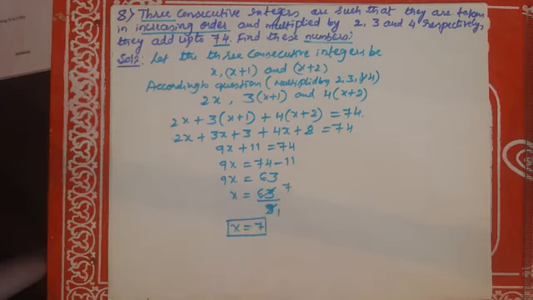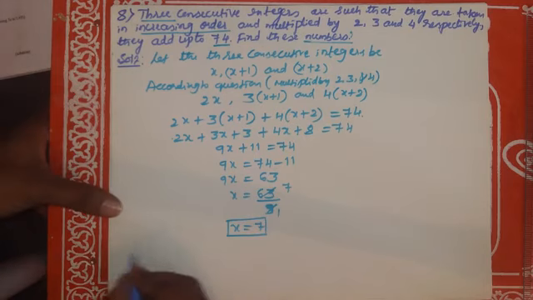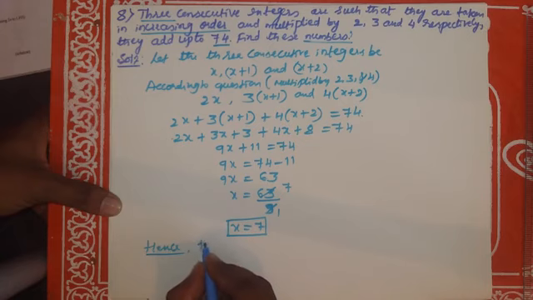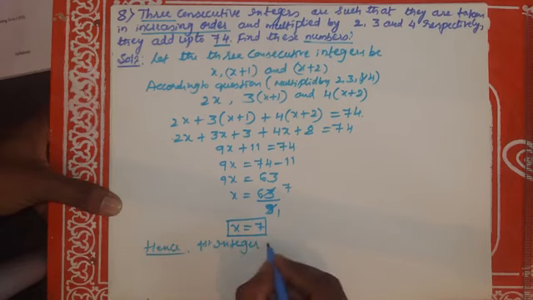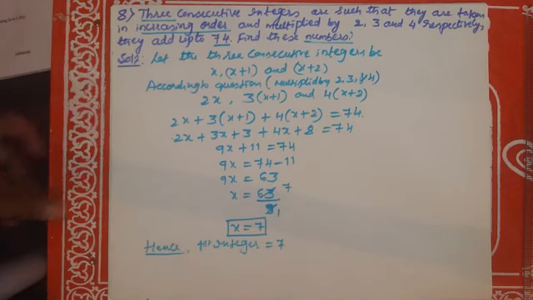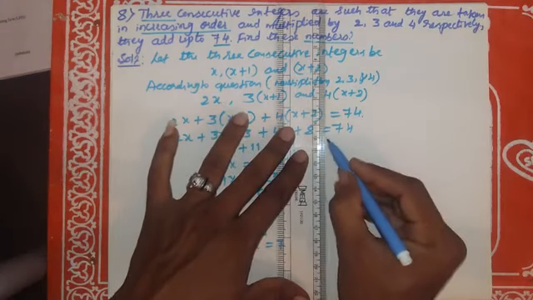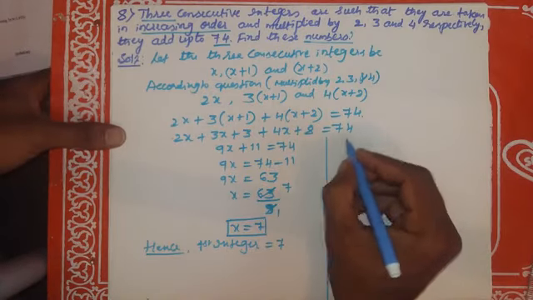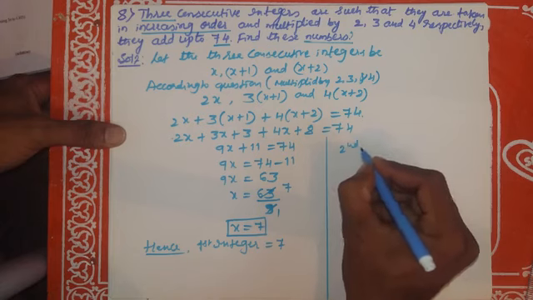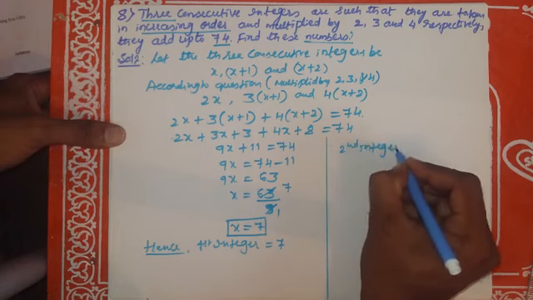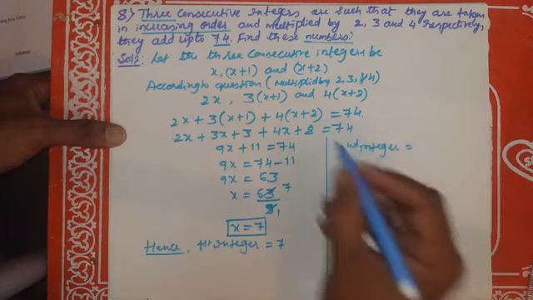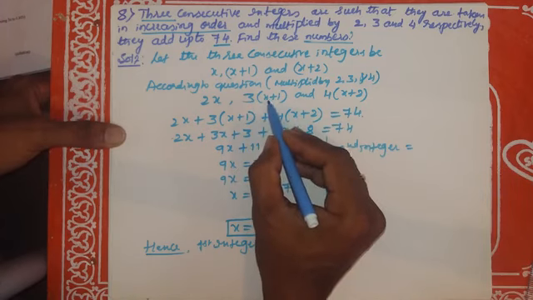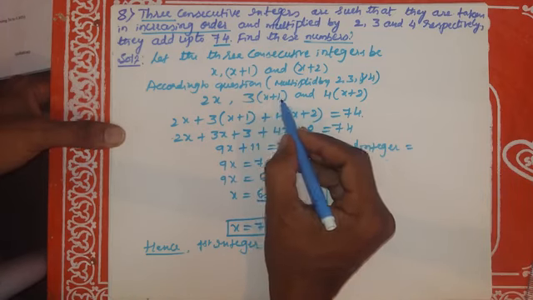We got the first integer, right? Hence the first integer is 7. Okay, next, the second integer, right?